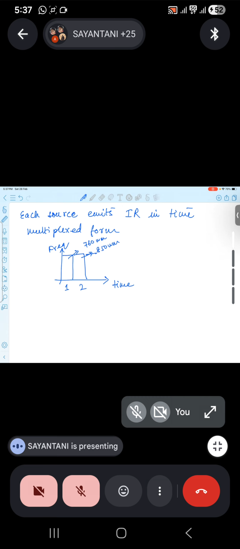Again, it is going to be 760. Again, it is going to be 850 and so on and so forth. So parallelly, you are capturing the oxyhemoglobin molecule component as well as the deoxyhemoglobin molecule component. Okay, so it's taking place in a time multiplexed manner and the difference between these two is a very few milliseconds. So first 760 is emitted, then 850, 760, 850 and this process continues.